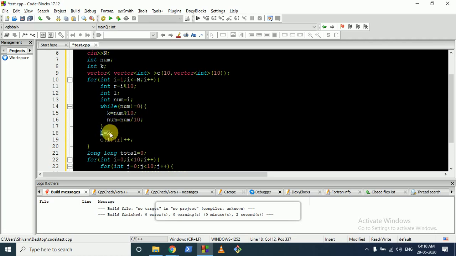So L will become k when we iterate over the whole number.